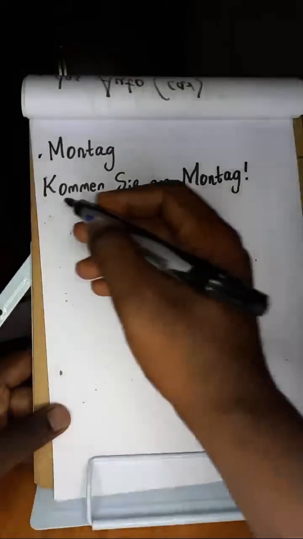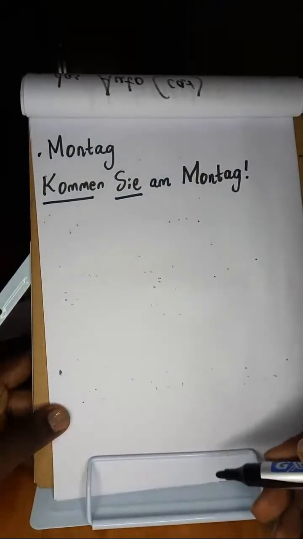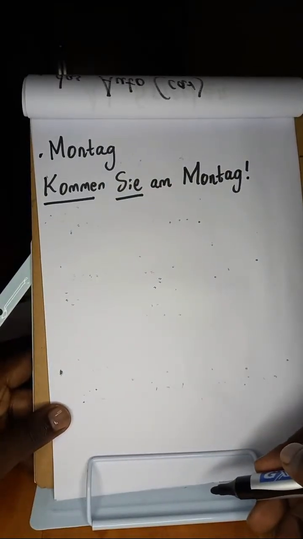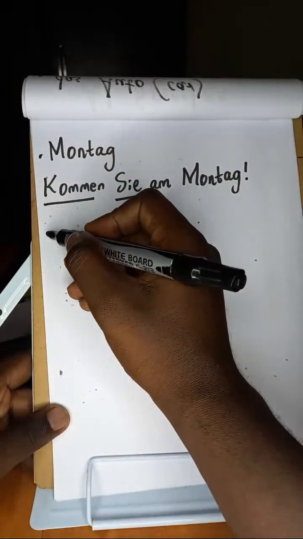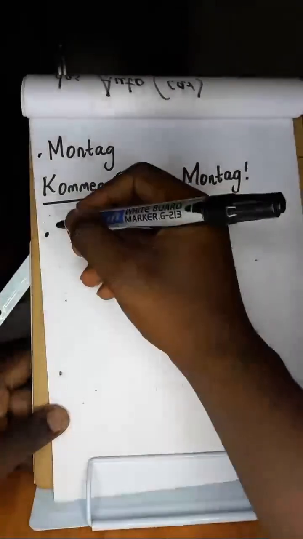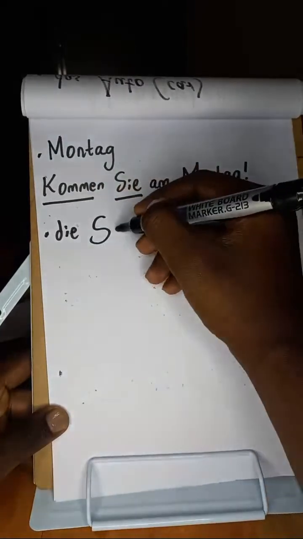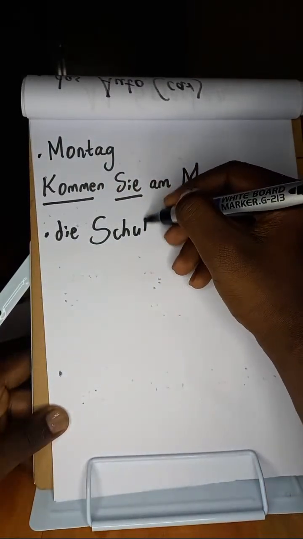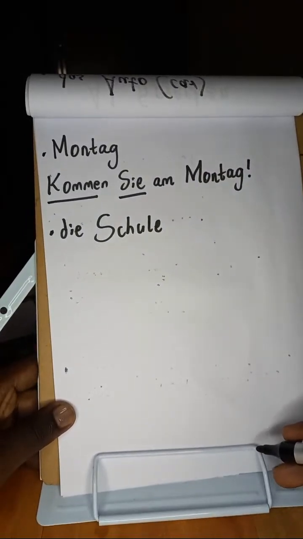So you're seeing the order is this. You're beginning with your verb and then you're following with the Z. Kommen Sie am Montag. Okay, here's my last example. The last example I have here is die Schule. School. Now I could go ahead and request somebody, go to school.